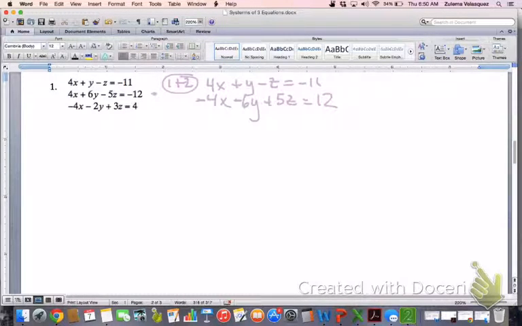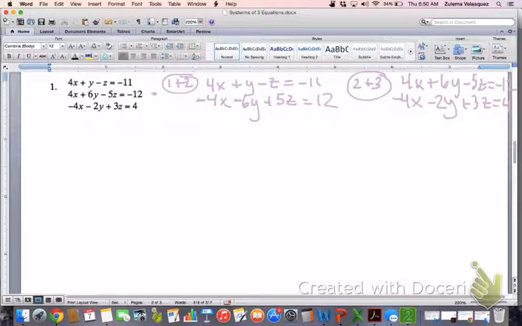So I paired up my first two equations, and I'm going to pair up the second and the third equation. These are already ready to go in terms of canceling, so I don't have to modify or transform them in any way. And then we have -4x minus 2y plus 3z equals 4.